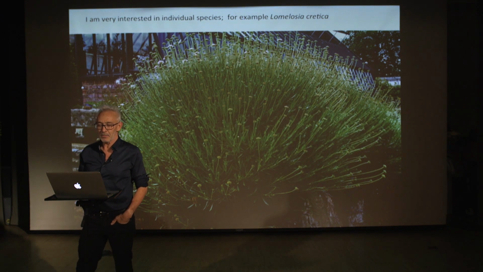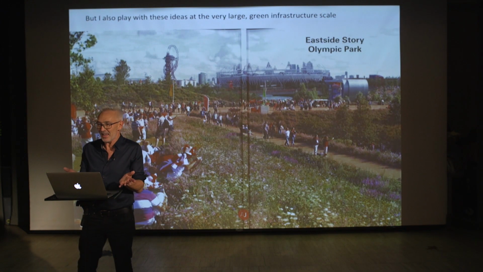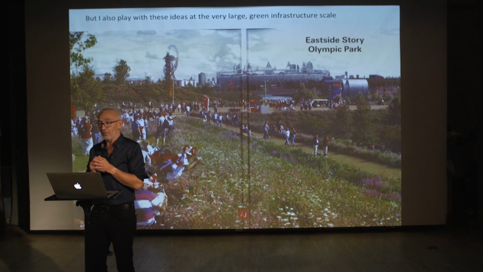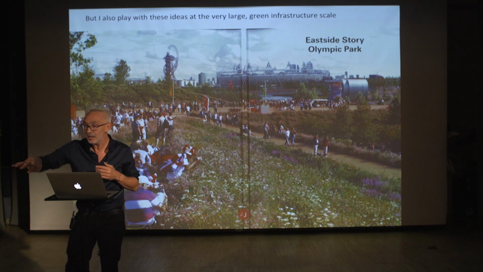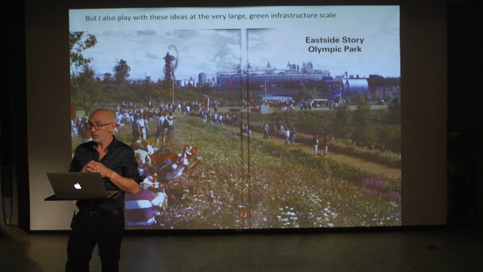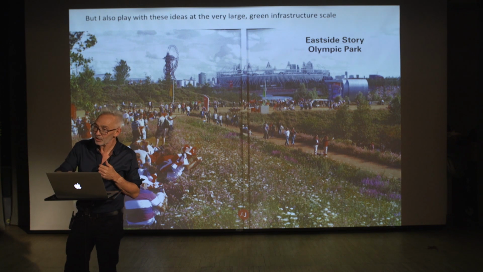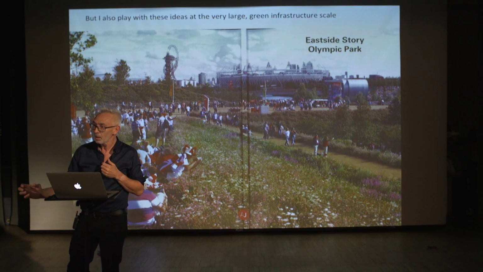But at the same time, I think about these things in a big context, so I make things like that. That's the 2012 Olympic Park. And now I'm making 20 hectares of native wildflower meadow, forming the entire skin of the park over a 3-kilometer transect. So I'm thinking about Lomelosia in that context, not simply in a pot in an Alpine Garden Society show.